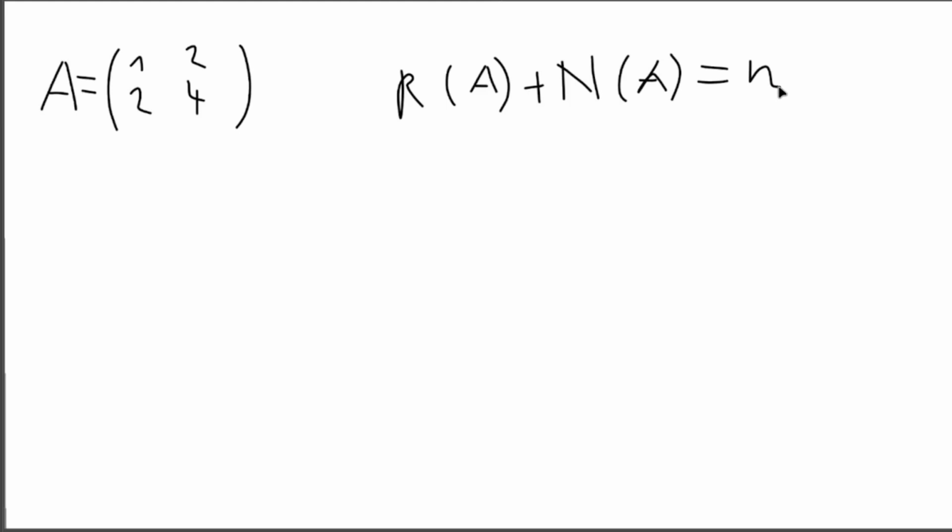Now, we should also define the rank and the nullity. Rank is the number of linearly independent columns it has, which is basically the dimension of the column space. And we can get there by row reduction and identifying how many columns are so-called pivot columns.